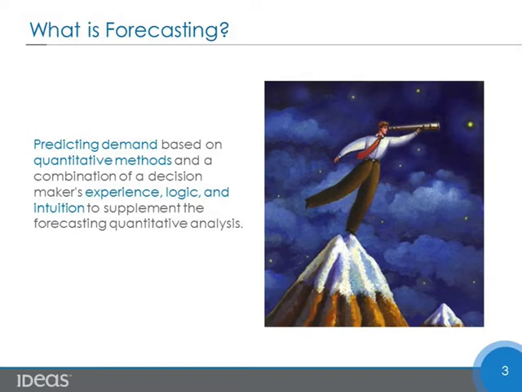People forecast all the time in their daily jobs: weather forecast, GDP forecast, etc. In revenue management, forecasting is to predict demand based on quantitative method, and it's a combination of decision makers' experience, logic, and intuition to supplement this quantitative analysis method.